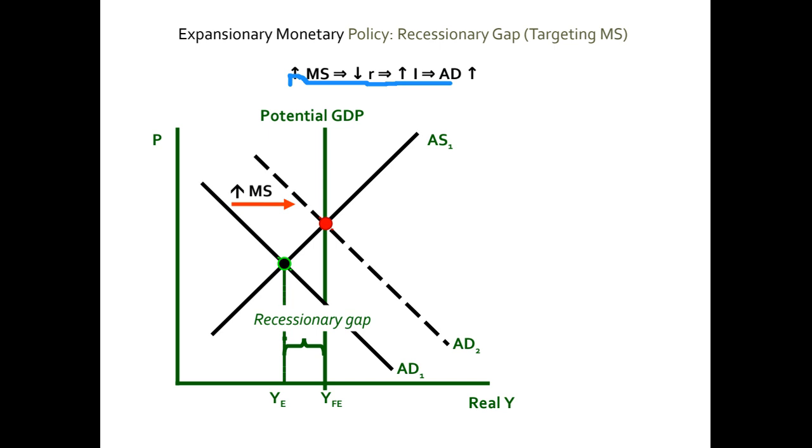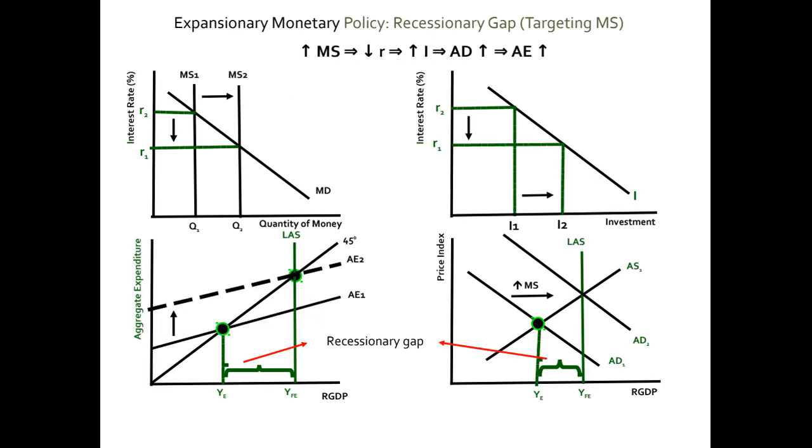So the aggregate demand curve will shift rightward. Now let me show you the four diagrams and the whole adjustment process. See what is happening.